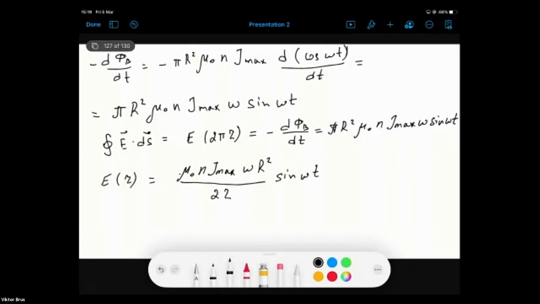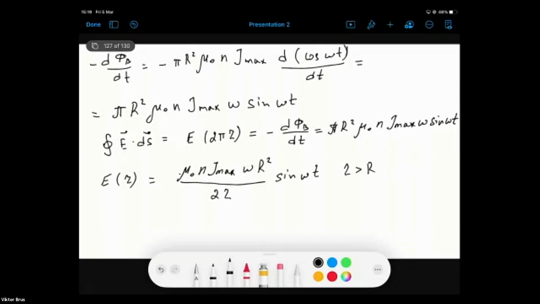So this is our final equation, which satisfies the condition when r is larger than the radius of the solenoid, so when we calculate this induced electric field in the outer space of the solenoid.